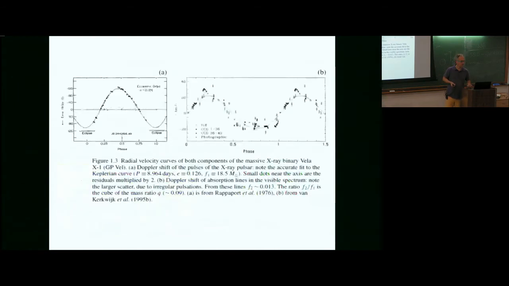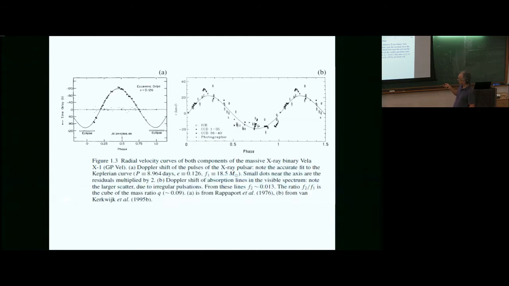Okay, so here is an example of the light curves of the velocity amplitude for an X-ray binary Vela X-1, and you see there is an eclipse, and then you see nearly sinusoidal variation.